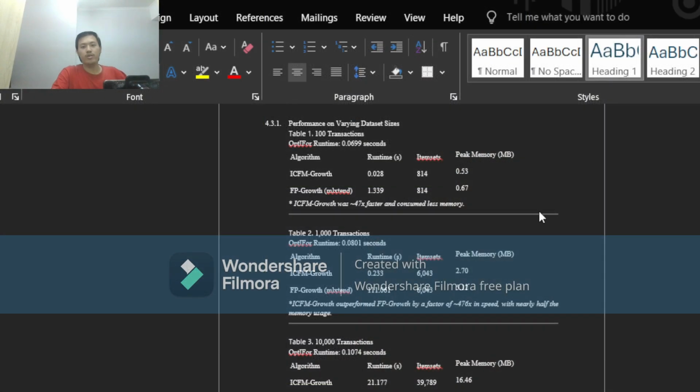Here, you can see in my paper I put three different tables for the performance comparison of ICFM-Growth versus FP-Growth. The FP-Growth here was from a Python library. At the first, 100 transactions, ICFM-Growth takes 47 times faster to finish compared to FP-Growth.